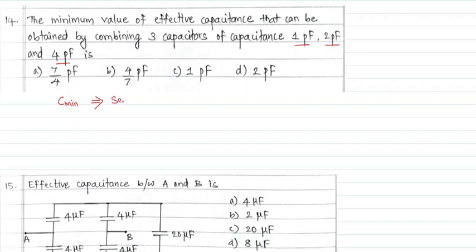When you connect them in series, you will have minimum capacitance, and this minimum will be less than the smallest of all capacitors. Here 1, 2 and 4, the smallest is 1. So equivalent will be less than 1 picofarad. In the options, less than 1 picofarad we have only one option, that is B. So answer is B.